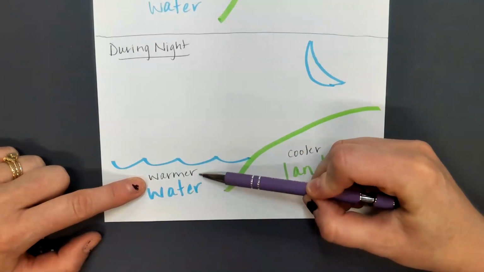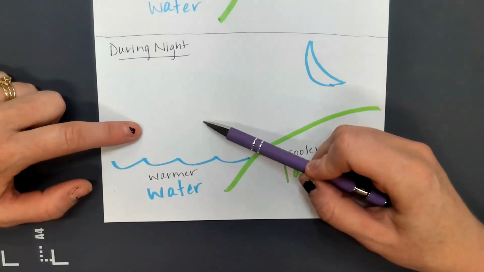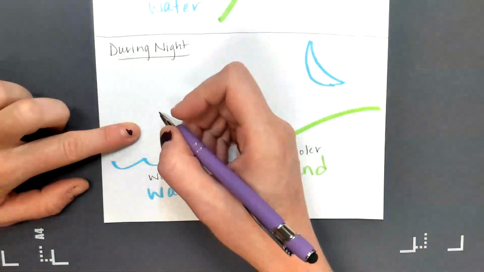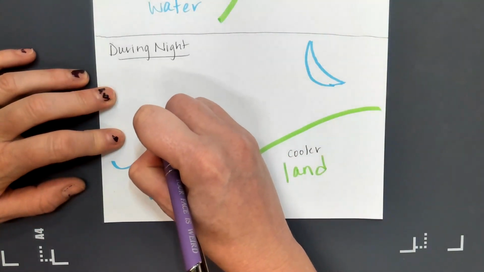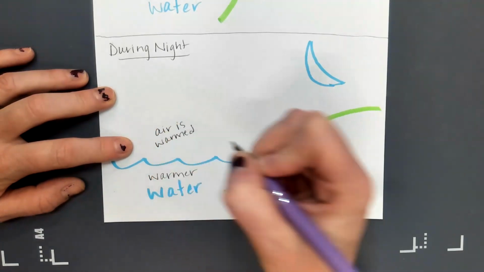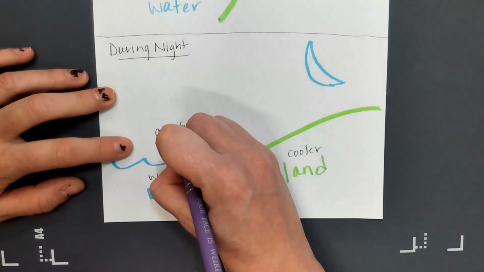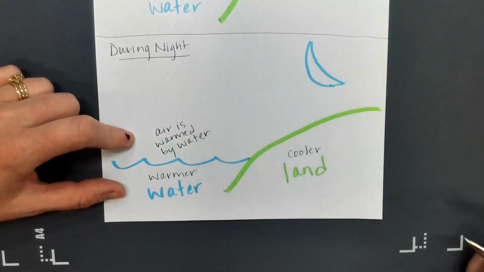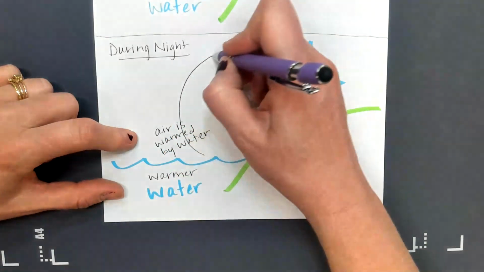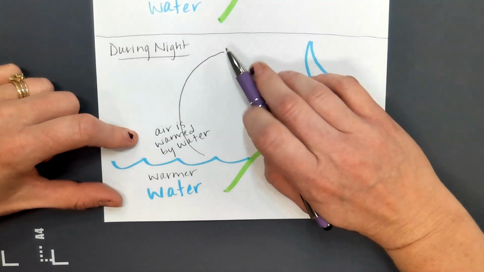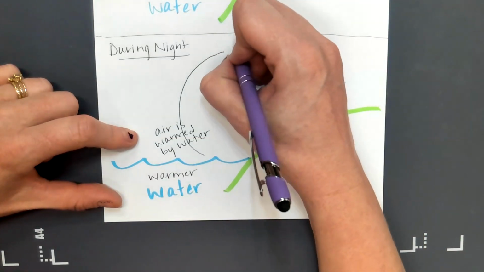It's warmer. It gets warmer, so your air is warmed by the water. And when air is warmed, what does it do? It rises. Once it's far away from its source, though, what happens to it? It gets cold, so your air is going to cool.